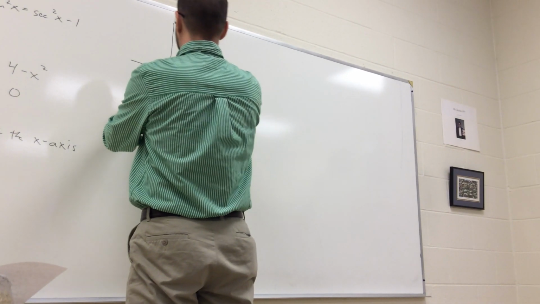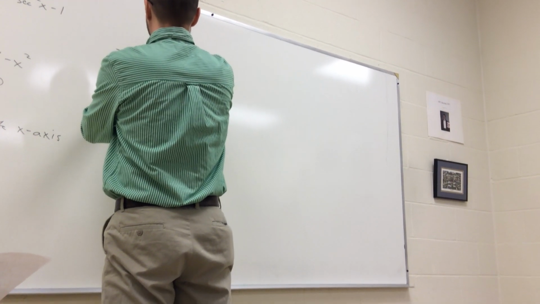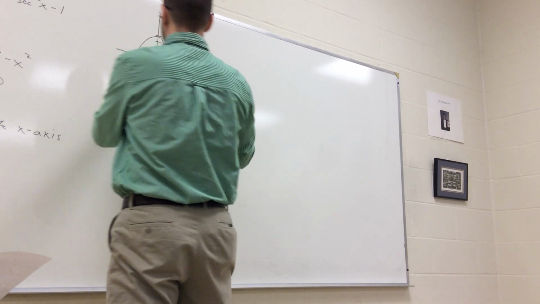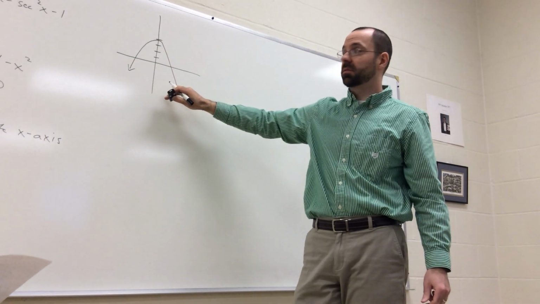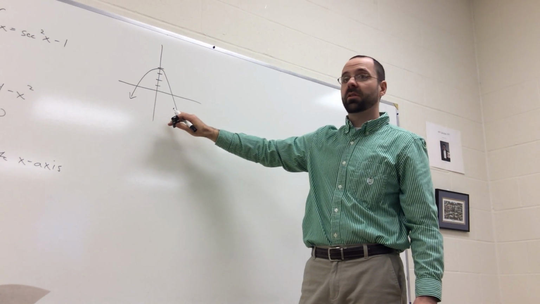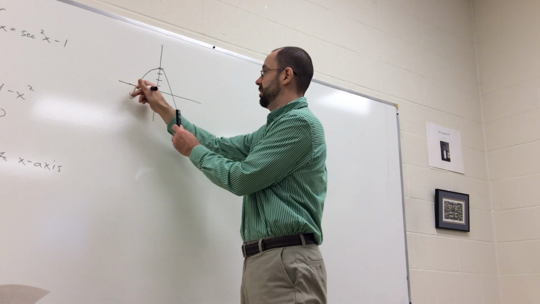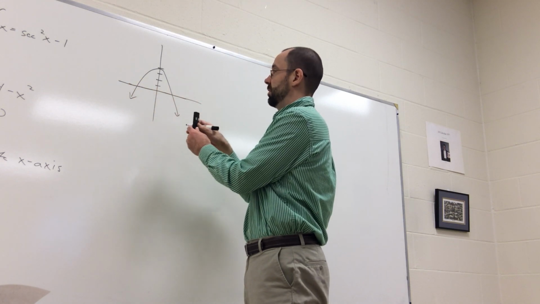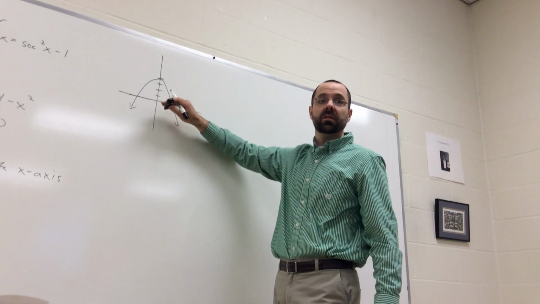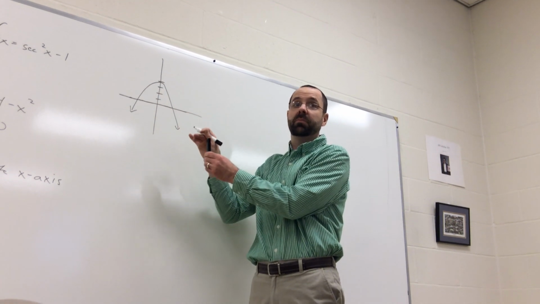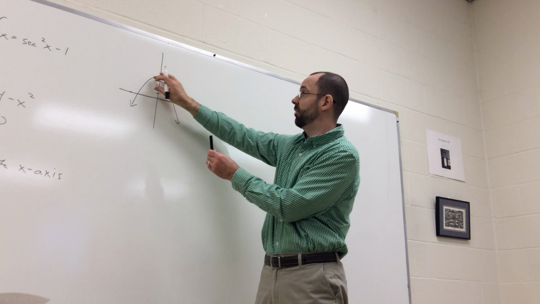So y equals 4 minus x squared looks like this. Upside down parabola. Y equals 0 looks like this. So remember, you're supposed to ignore the y-axis because it wasn't mentioned. So here's my region bounded.